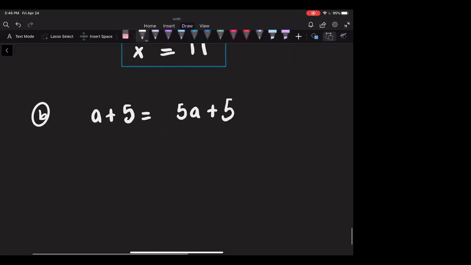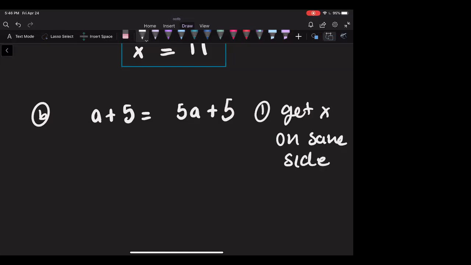Okay, remember, first goal, get your x's on the same side. There's only one a here. There's two a's, right? So we're just gonna say a's. X basically just means letter, so get all the letters on the same side.